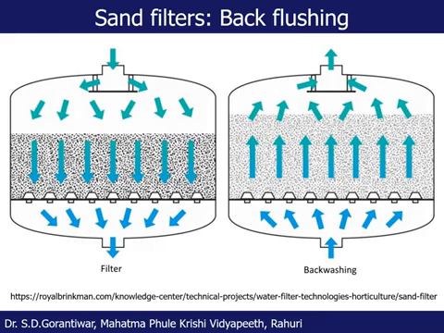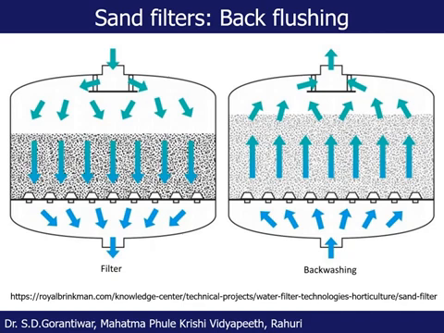So we allow water to pass to the outlet, and then we discharge water from the inlet. So in this process, as we are passing the water with high pressure, whatever impurities are retained in the sand bed, those impurities will move along with the water through the inlet, and there is one cock which will be taken out of the system.